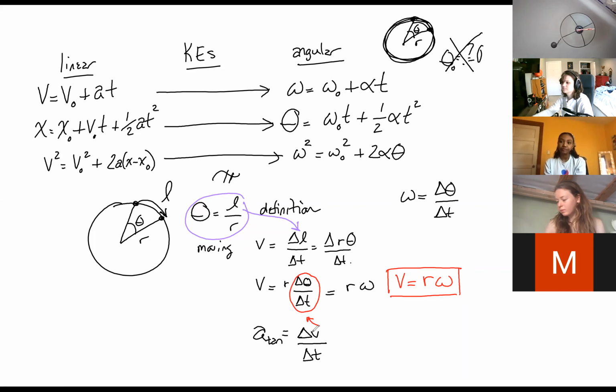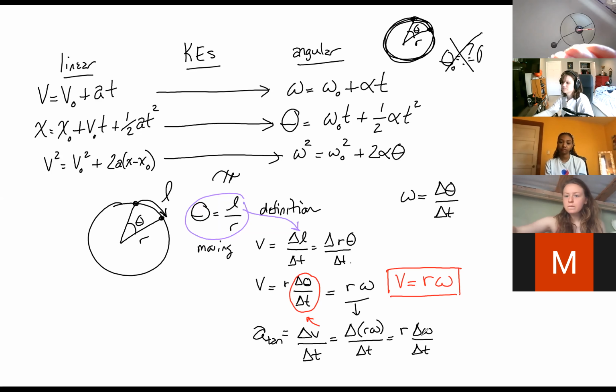Acceleration, that's just a definition. But if v is r times omega, we can substitute this in: r times omega over delta t. And again, if r isn't changing, we factor it out.